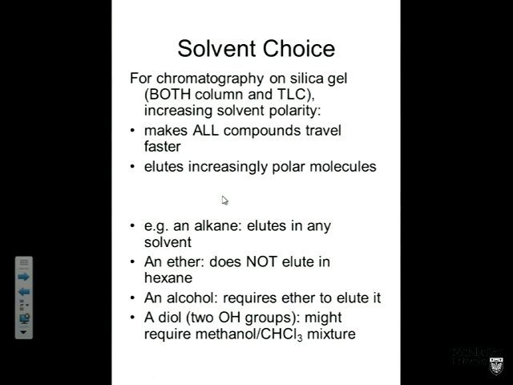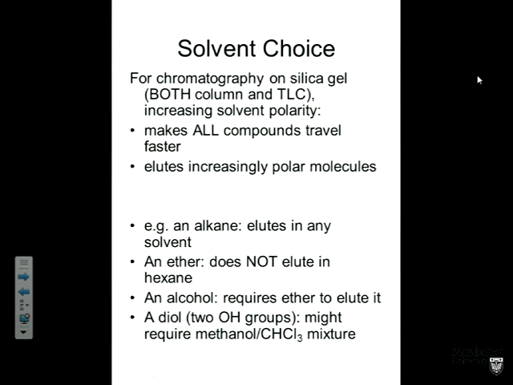So an alkane elutes in any solvent. An ether does not elute in hexane, but will elute, for example, in ethyl acetate. An alcohol requires ether to elute it. And as our polarity goes up and up, a diol, a compound with two hydroxy groups, might require a methanol-chloroform mixture in order to get it to elute.